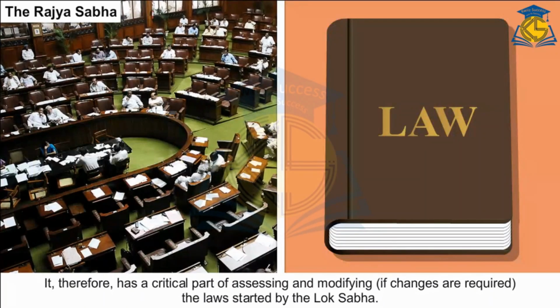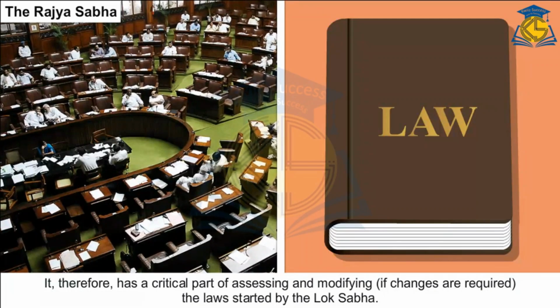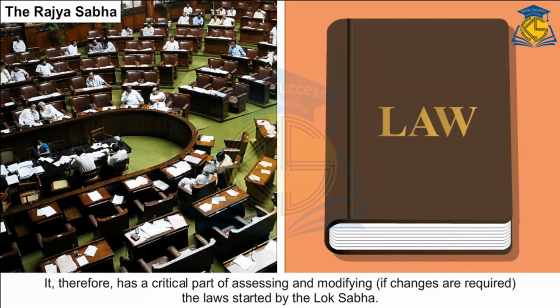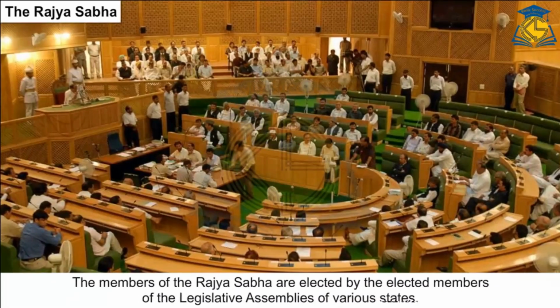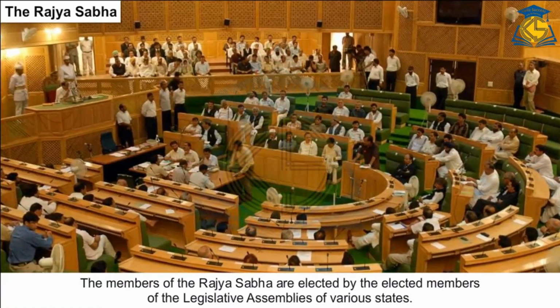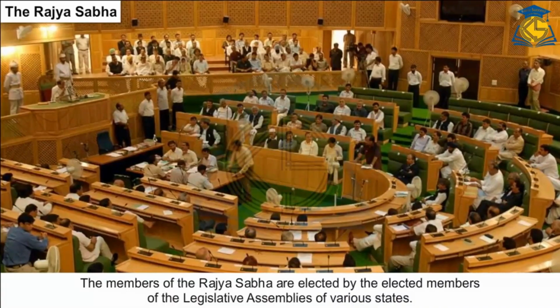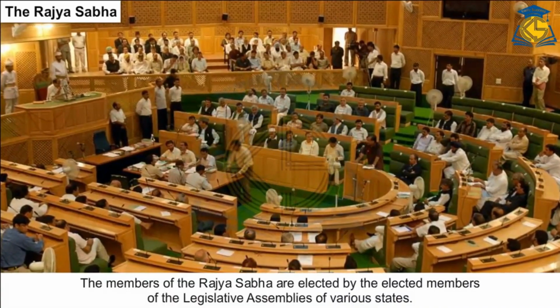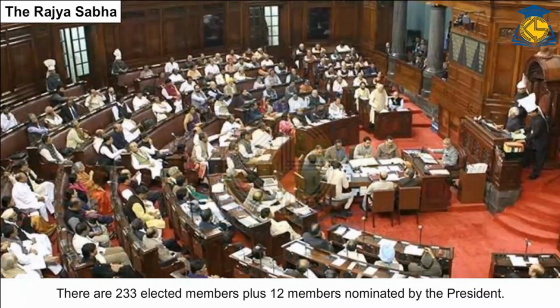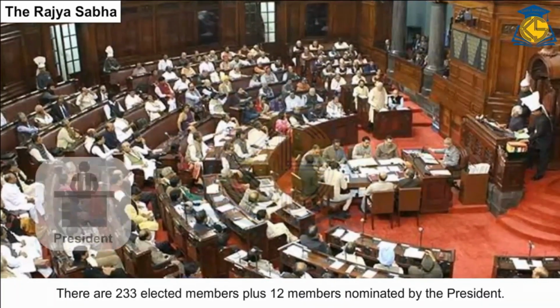It therefore has a critical part of assessing and modifying, if changes are required, the laws started by the Lok Sabha. The members of the Rajya Sabha are elected by the elected members of the legislative assemblies of various states. There are 233 elected members plus 12 members nominated by the President.